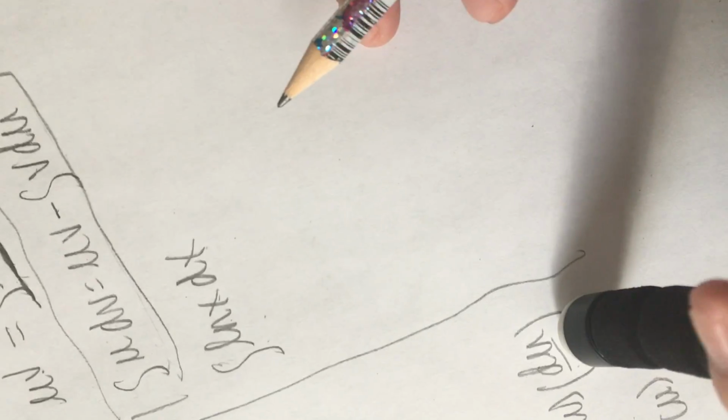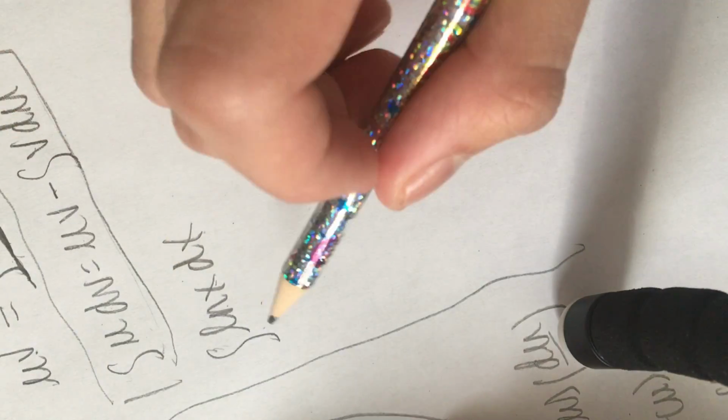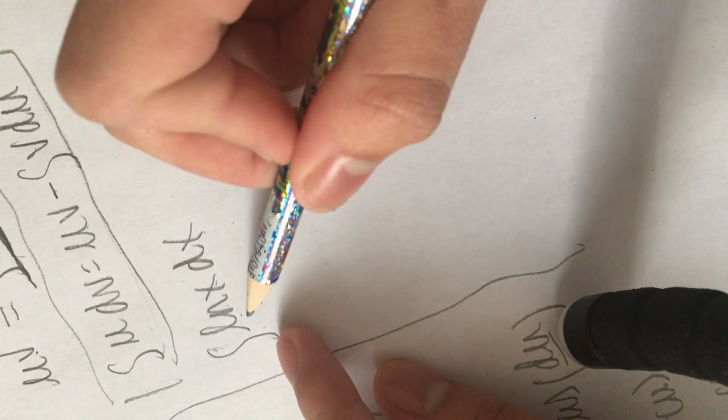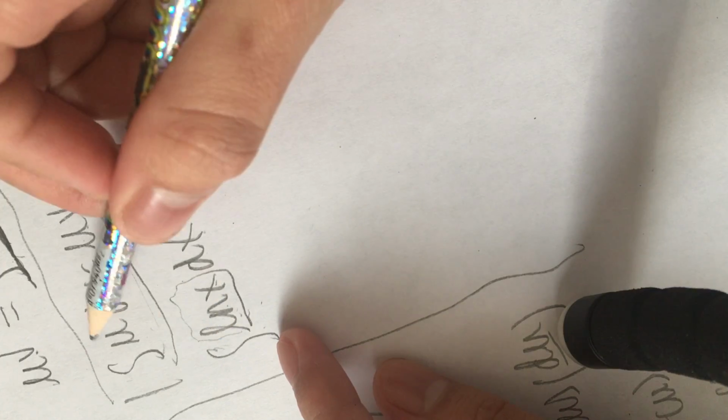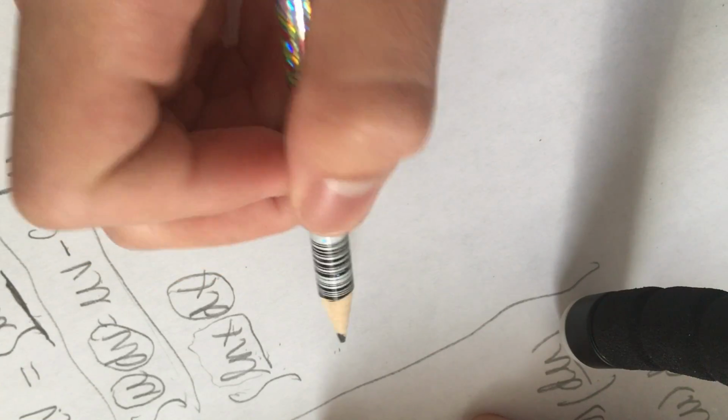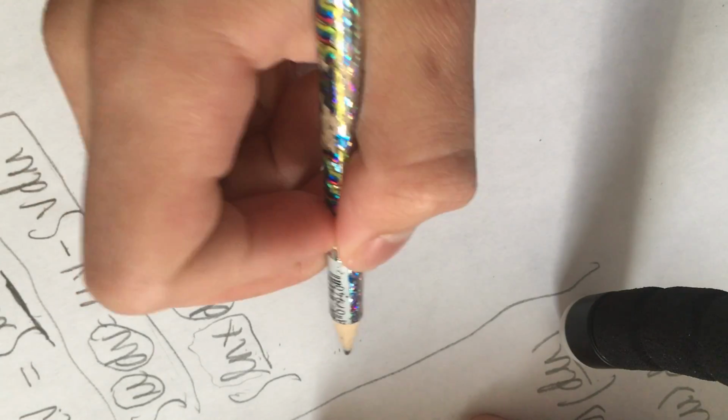Okay. So I'm gonna say that u equals ln x, and dv equals dx. You're gonna see why I just did that.